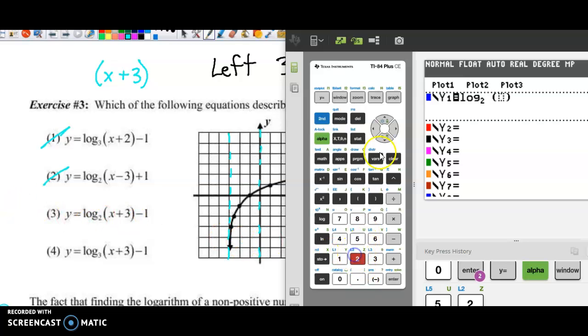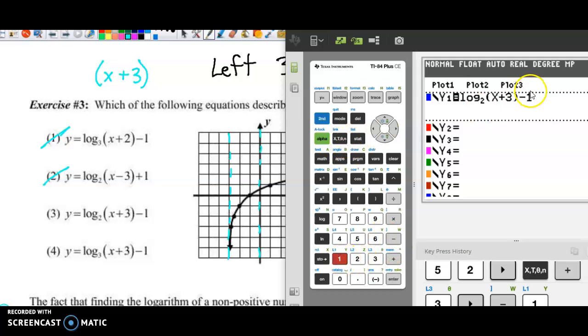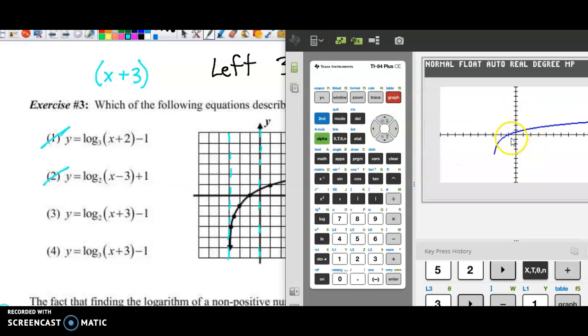I believe option 3 is the correct answer. But guess what? If it were the wrong answer, just try something else. But I'm pretty sure this is the correct answer because if I go to the graph, I can see that it has an x-intercept at -1. It crosses above the origin.